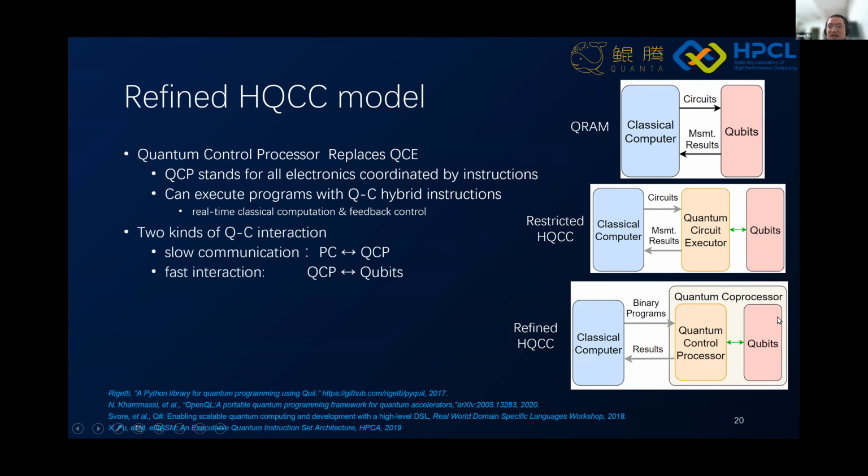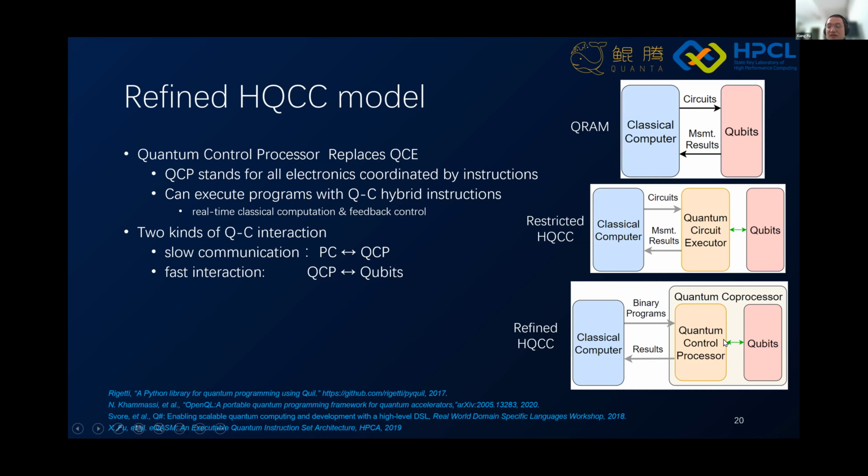In such a system, there are two kinds of QC interaction. The first one is the slow communication, as in the restricted HQCC, shown using the gray areas, between the PC and the QCP. There is also a fast interaction between the QCP and the qubits.